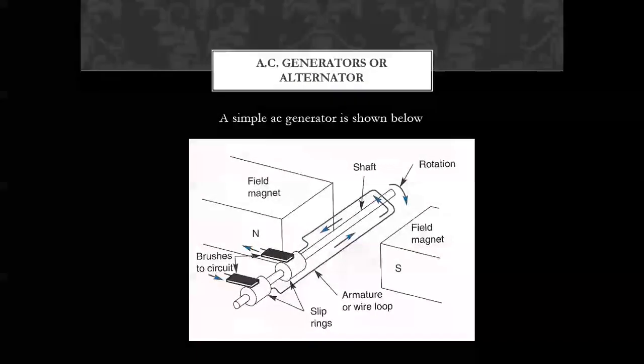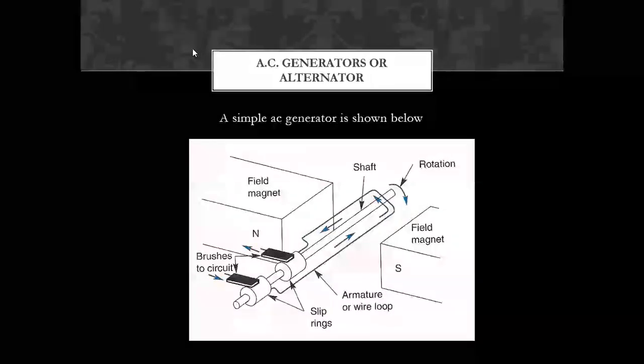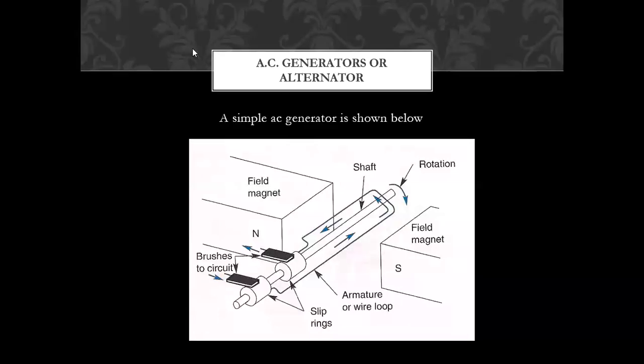And the magnetic field must always be at right angles for induction to take place. Another thing that affects the rate of induction is the number of turns on the armature coil. The more turns, the more electricity will be produced.